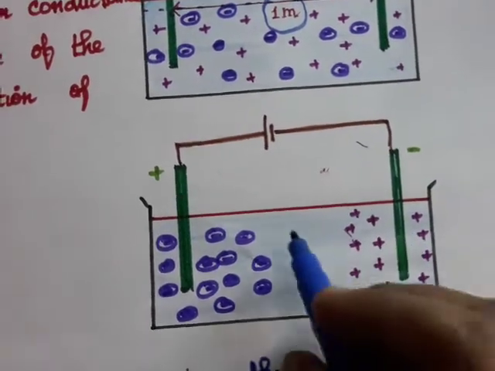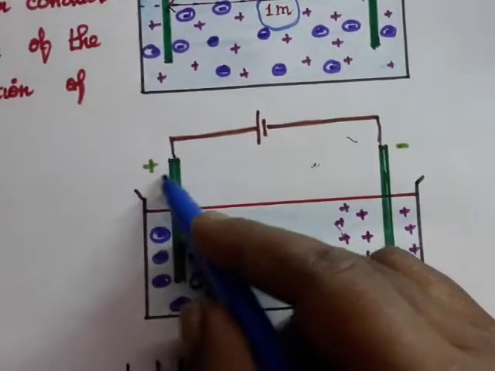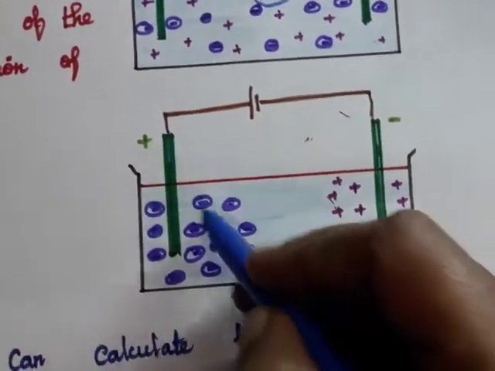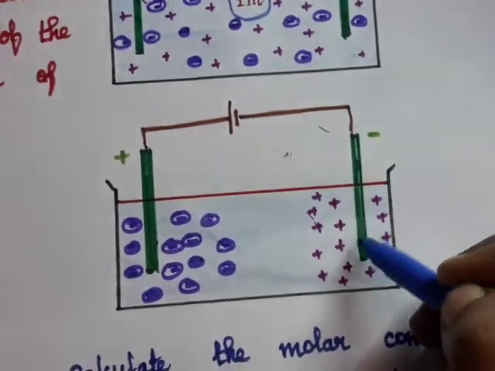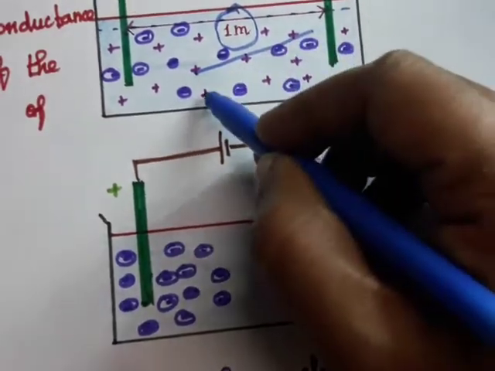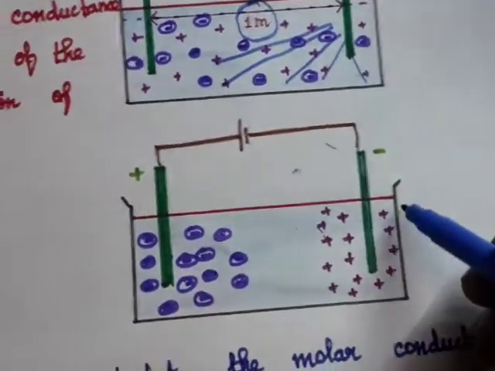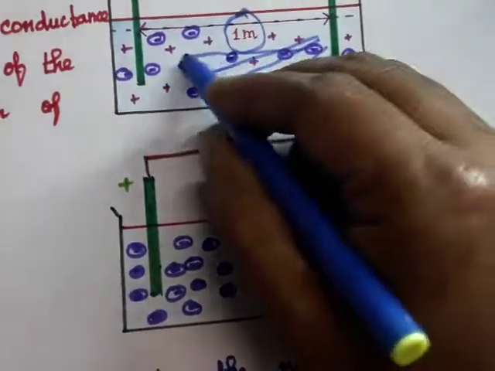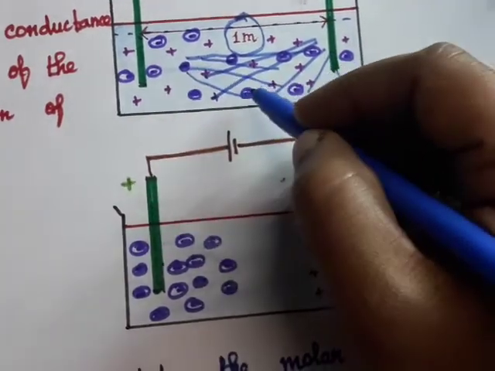The negative ions of the electrolyte will be attracted by the positive anode. Have you understood? So the anode attracts the anions and the cathode attracts the cations. Because of this movement, all the positive ions will move forward to the cathode, and all the anions will move towards the anode.